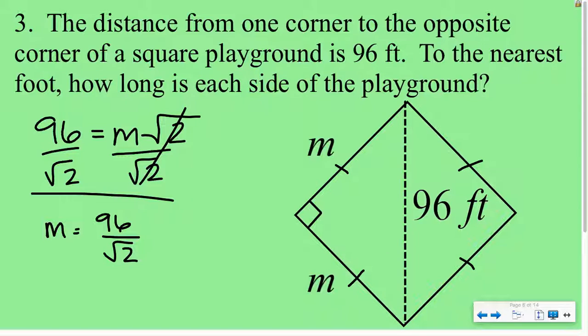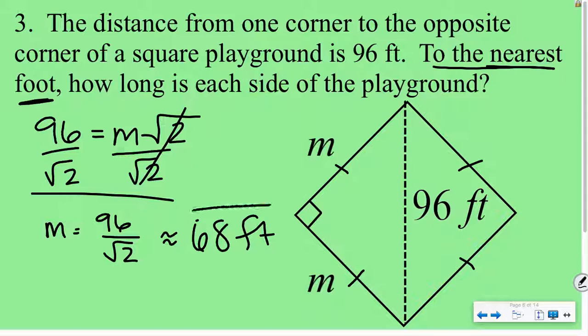So if it tells you to round, you don't need to go through and rationalize or break down. What'd you get? 67.9. Okay, so now I have to be careful. To the nearest foot. Is that a decimal or is that a whole number? Whole number. So 67.9 to the nearest whole number would be 68. So it's about 68 feet on each side of the square.